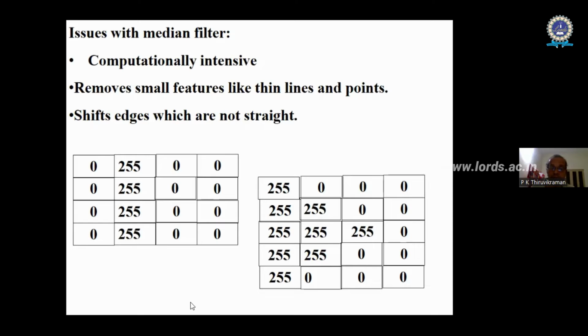You see here that there is an edge which is not straight, going at an angle, diagonal, and then coming down like this. So this is an edge basically, between 255 and 0. Now what happens to this when I apply, let's say, a 3 by 3 filter? Then this 255 will be replaced by 0. So the nature of the edge will get changed.